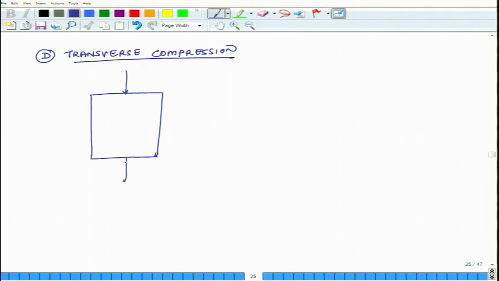I am applying a compressive force, the consequential stress is sigma T prime and it is transversely oriented. So, the fibers are running parallel, or actually normal, to the surface of this board.